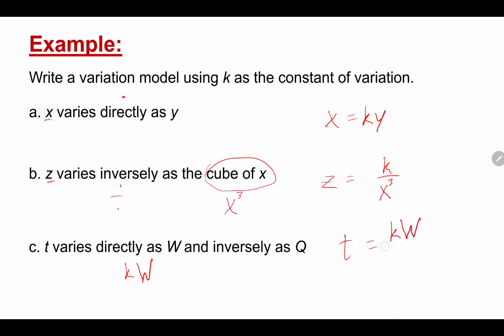I think I actually put all the answers in here. Whether you put K first or W first doesn't matter, because it's multiplication, and 2 times 3 is the same as 3 times 2.